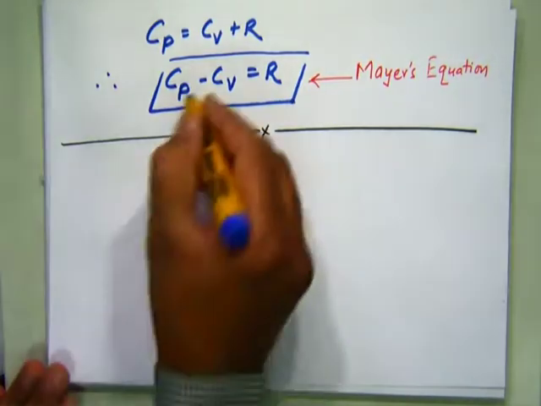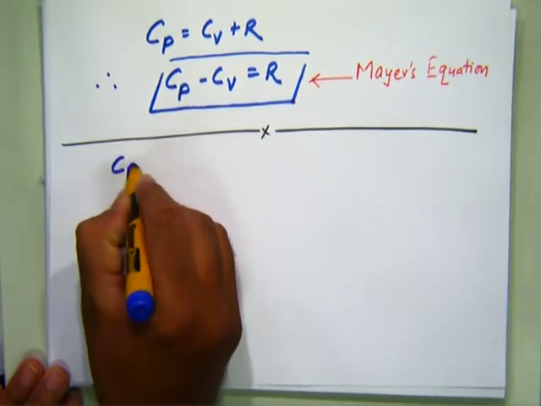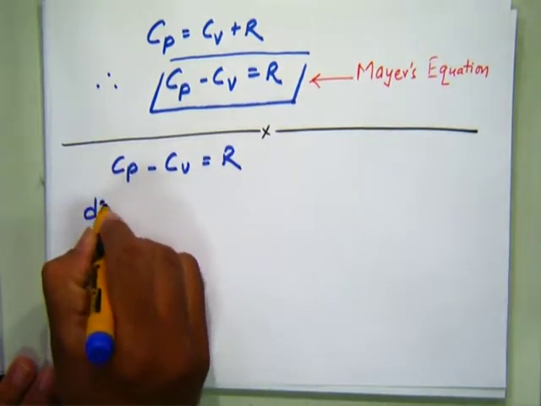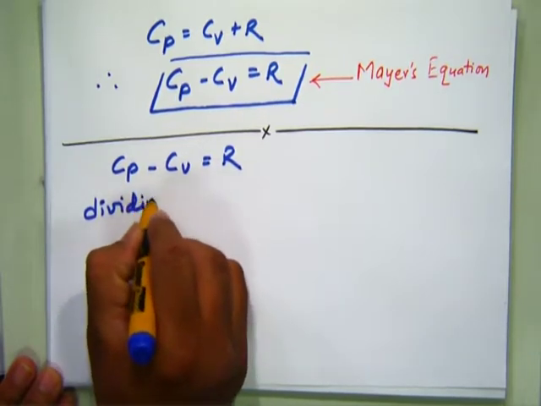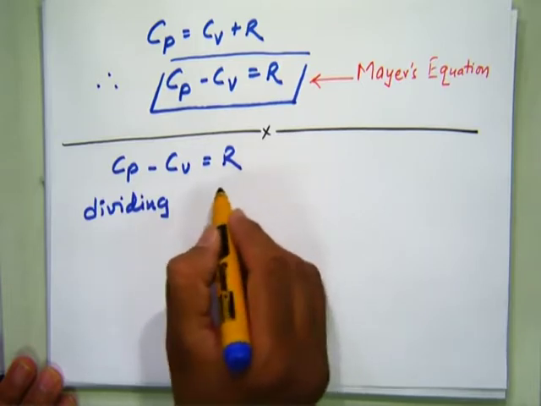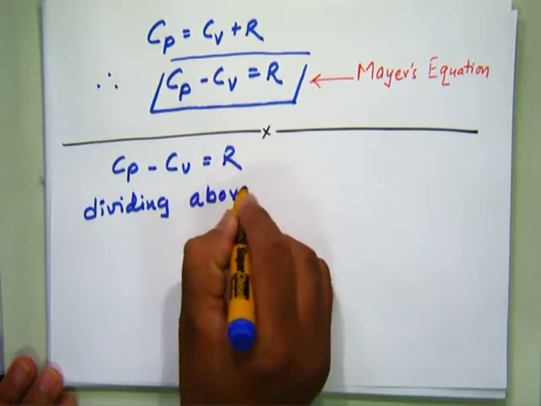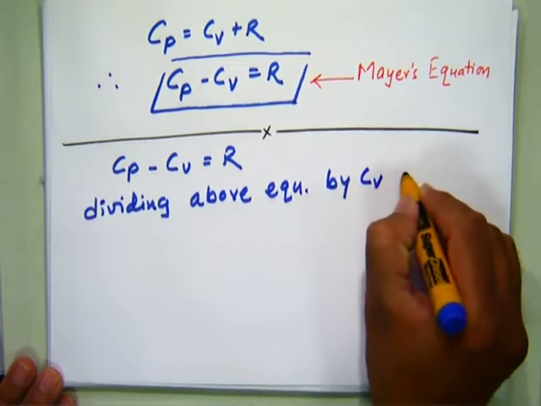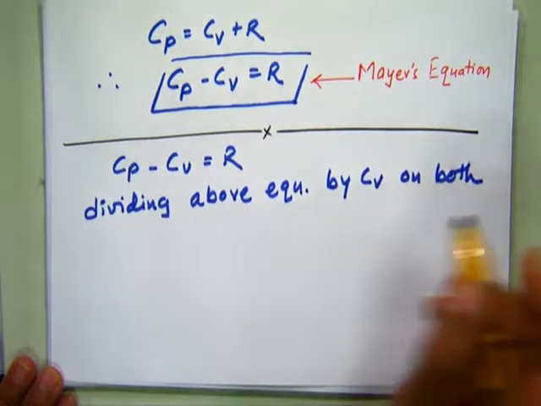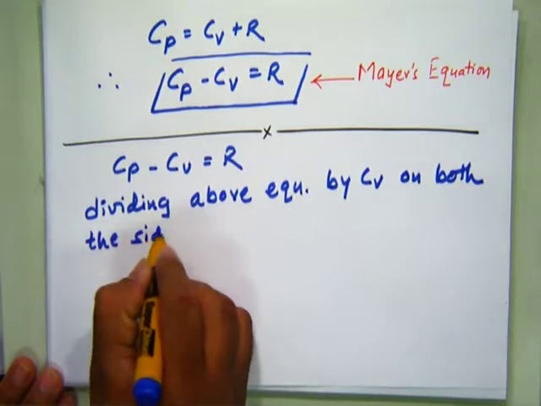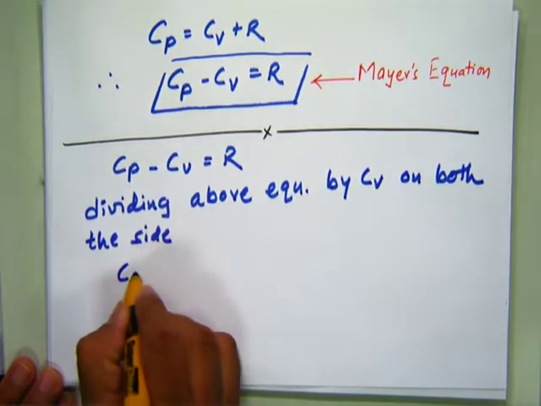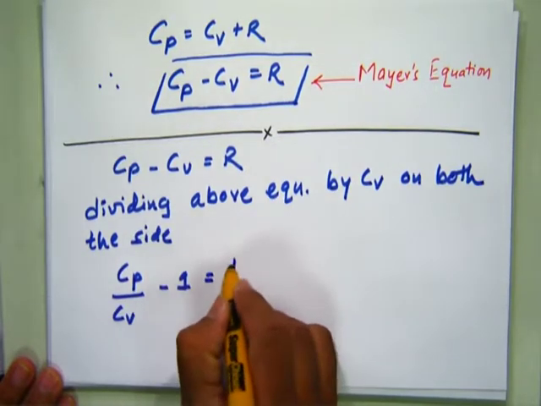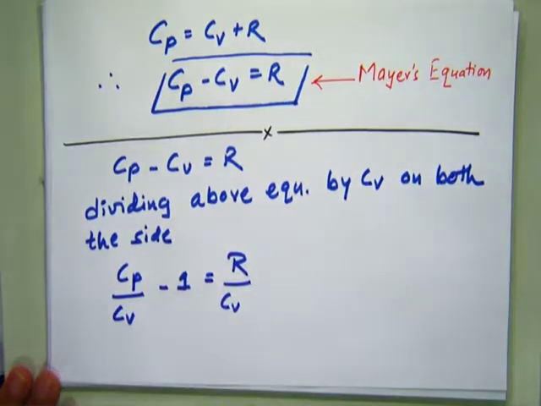See, we have established Cp minus Cv is equal to R. Dividing the above equation by Cv on both sides, Cp upon Cv minus 1 is equal to R upon Cv.